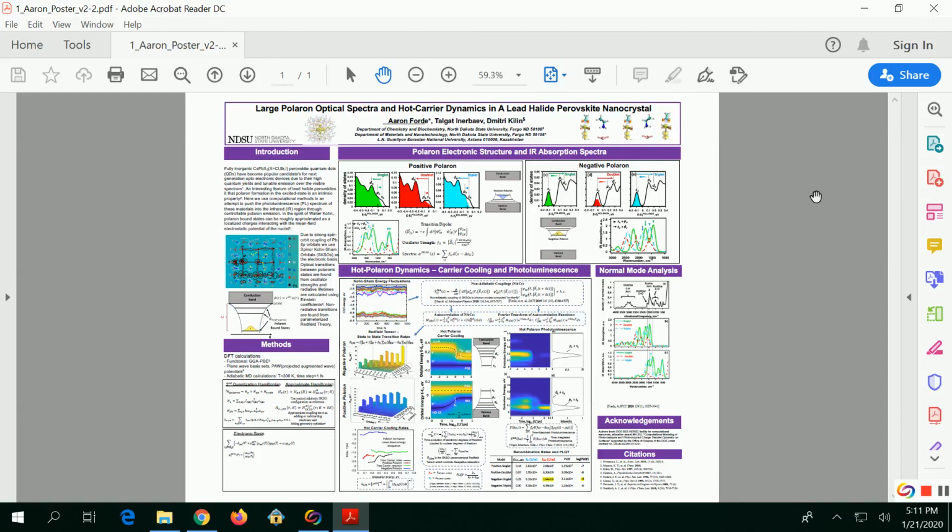Technical question: when you do this, are you forcing the occupation to be specific? Is it to have the HOMO, the highest occupied orbital, half occupied and then the LUMO half occupied? Or is it a different ordering than that? That's one of the orderings.